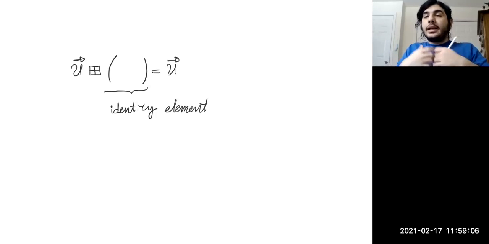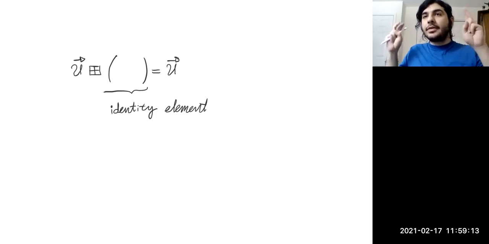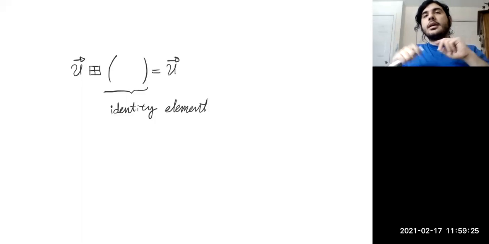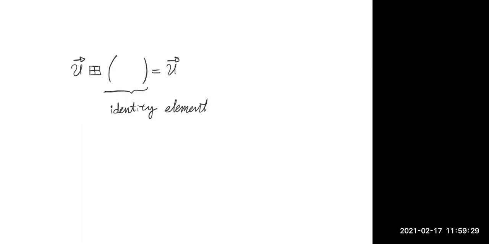If we add 0 to any other number, we end up with that same number. But do we have the identity element here? Is 0 the identity element or not? Does anyone know the answer? Do we have one?